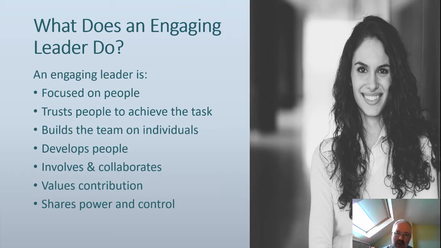And they take the time to do that because they know at the end of it, through that trust, through that relationship building, they're going to get great work out the other side, and they're willing to share power and control with these people who they've built a relationship based on trust. And that's what engaging leaders do.